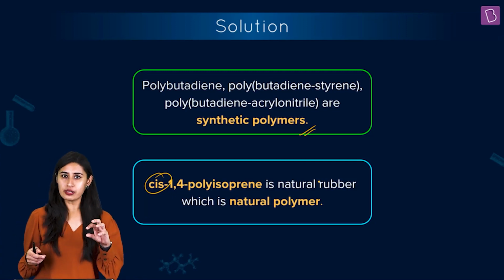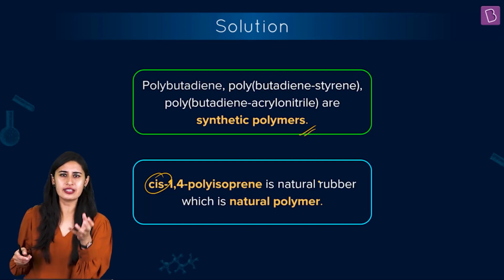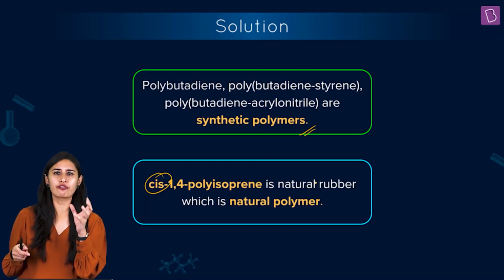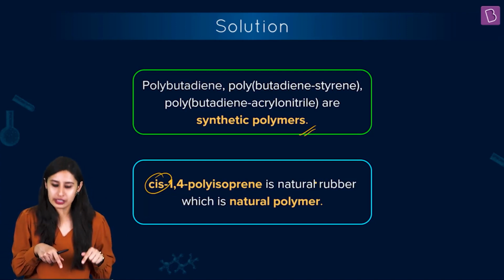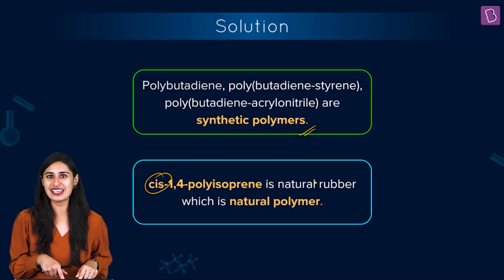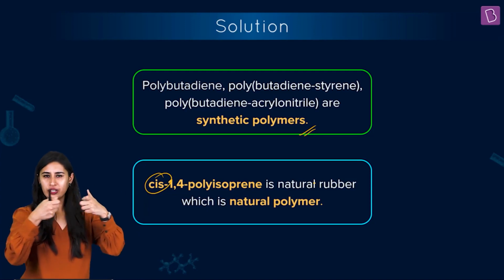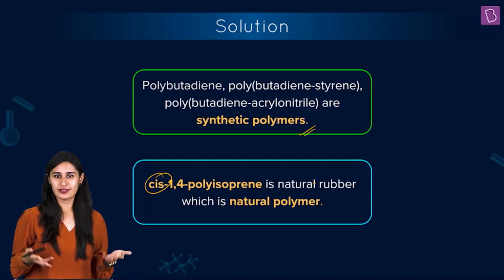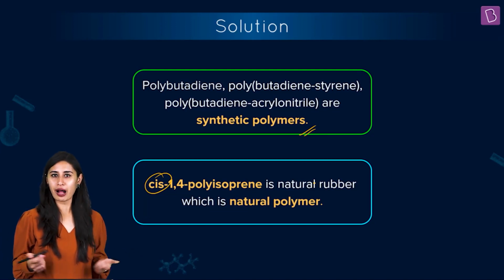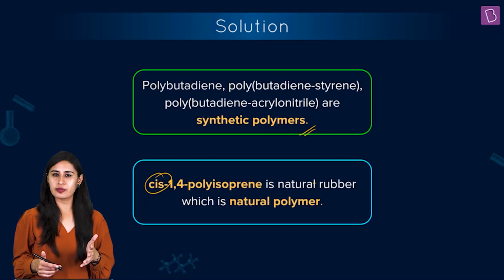For example, the bottles from which small babies drink their milk, those nipples are made up of this particular compound polyisoprene. This polyisoprene is also used in rubber bands. So the uses are immense. The compound is biodegradable. So it is a very important polymer, hence you must remember it.